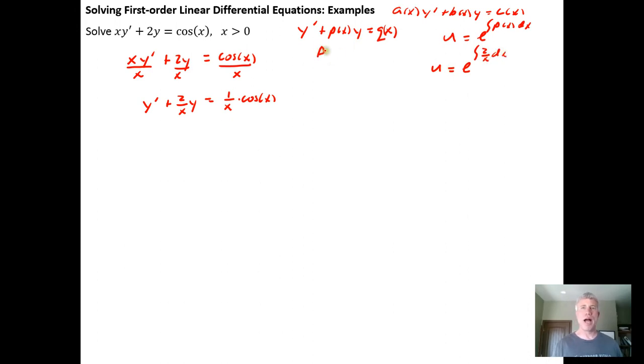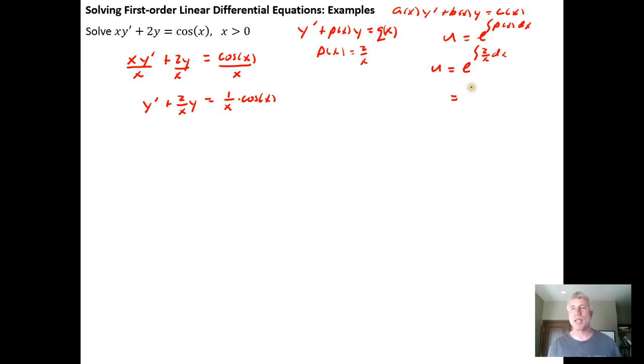So again, our p of x is equal to 2 over x. And so we need to integrate 2 over x dx, any antiderivative. So I know that we get a constant of integration when we do an indefinite integral, but we'll just let our constant of integration be 0. So we'll take the simplest possible antiderivative we can get.